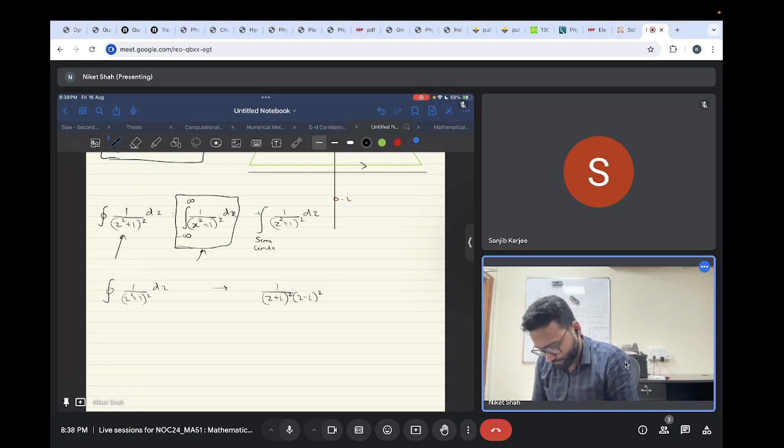So 1 divided by z plus I the whole square.